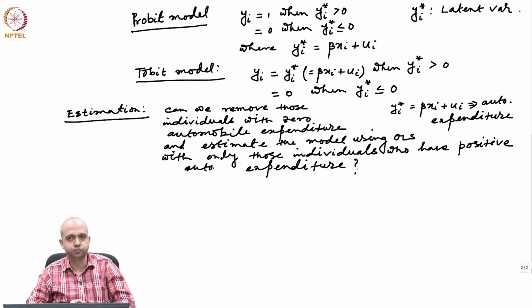Can we do so? Now, as you know, for estimation purpose, there is absolutely no problem, but the problem happens in the next stage where we try to make inferences, that means hypothesis testing.